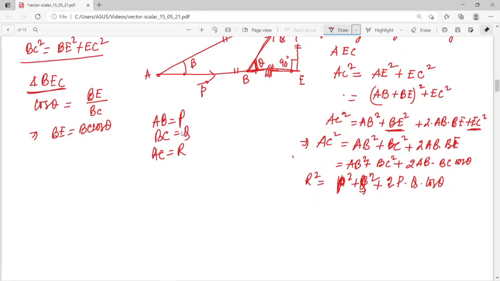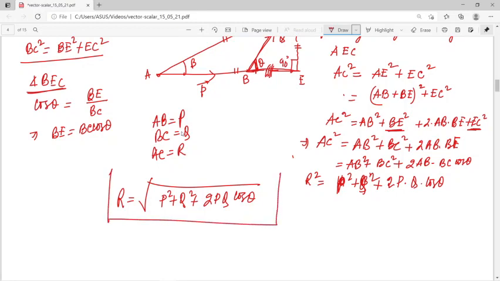That means R equals root over P square plus Q square plus 2PQ cos theta, which is nothing but the resultant of these two vectors. So, is it clear?